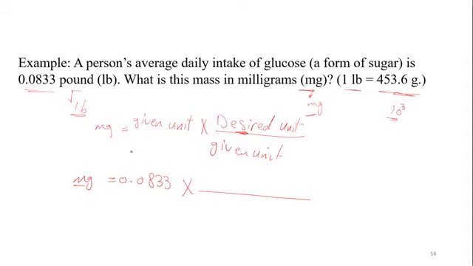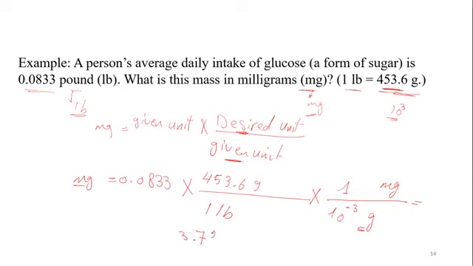So I first multiply by 453.6 gram over 1 pound, and then my desired unit would be the milligram, where 1 milligram is equal to 10 to the power minus 3 of the given unit, the gram, which gives 3.78 multiplied by 10 to the power 4 milligram.